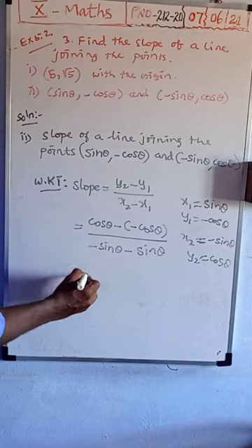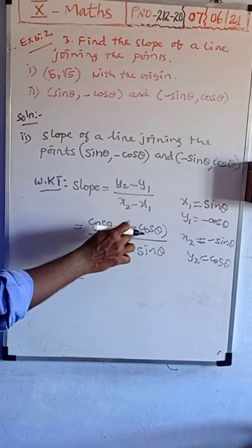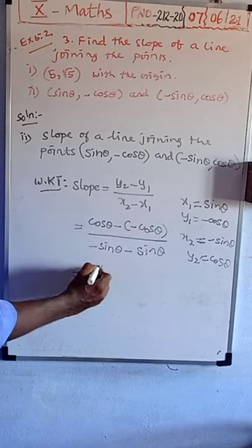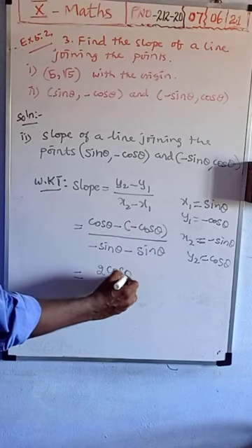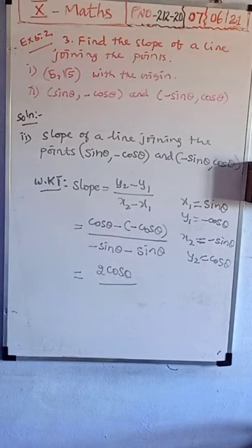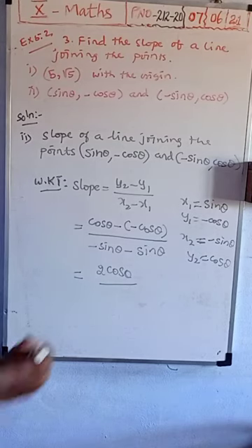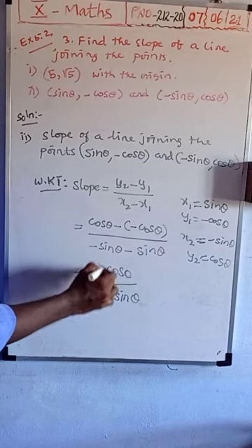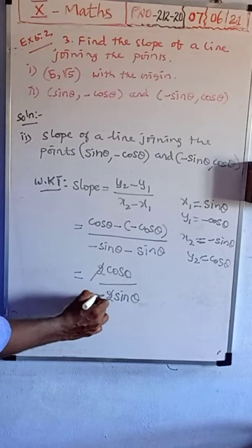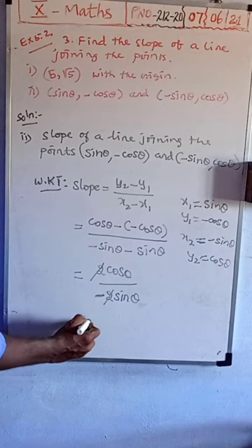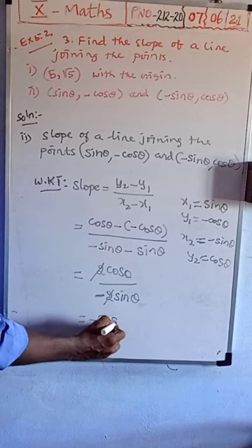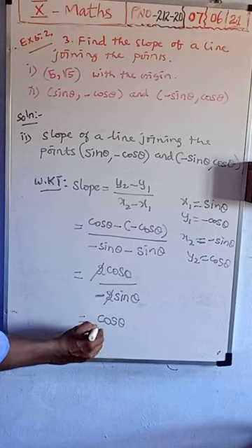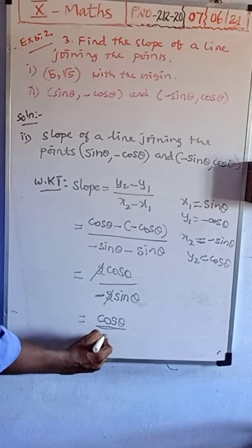Minus into minus is plus, so cos theta plus cos theta is 2 cos theta, divided by the denominator, minus sin theta twice, so minus 2 sin theta. Now the 2 and 2 cancel, and the minus remains.